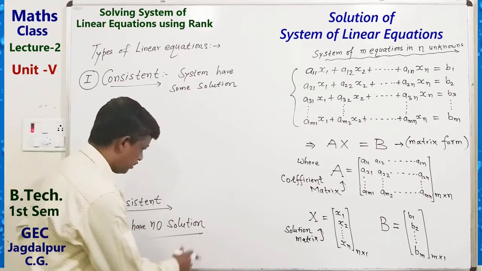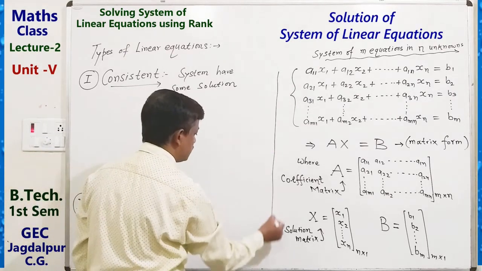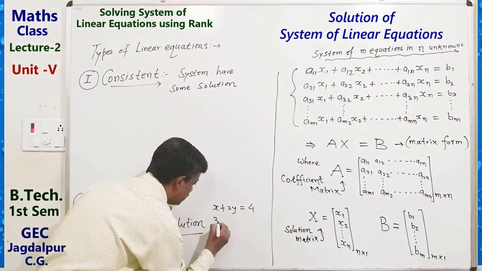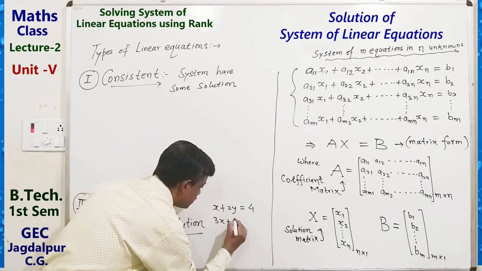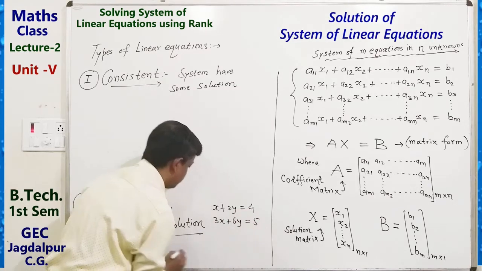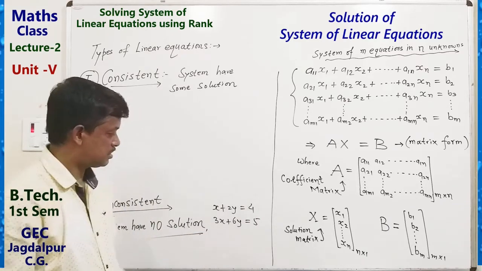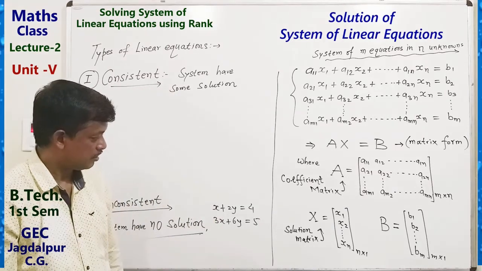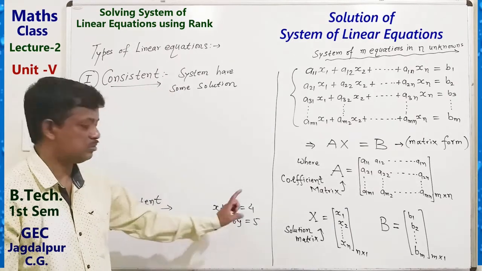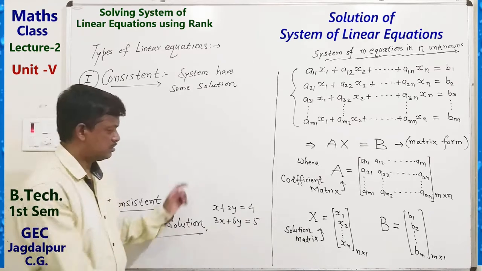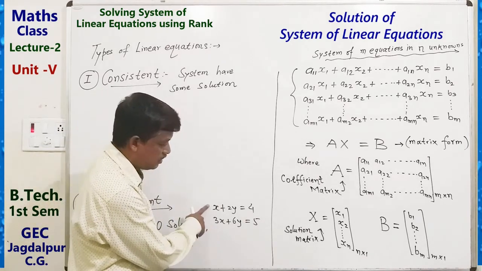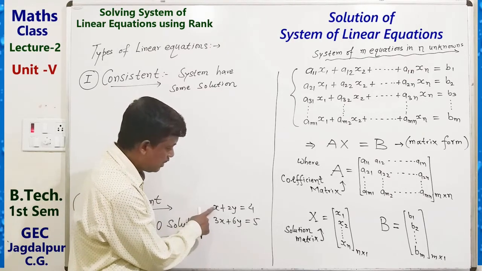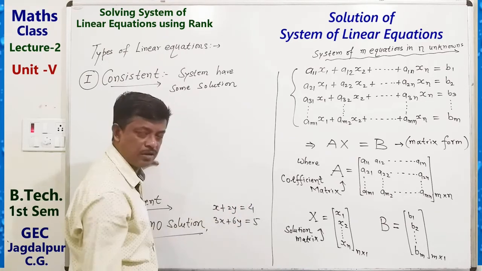Just like for this example, suppose we are having x plus 2y equals to 4 and 3x plus 6y equals to 5. This system has no solution. How? Just try to solve it. Multiply equation 1 by 3, then 3x plus 6y equals to 12.